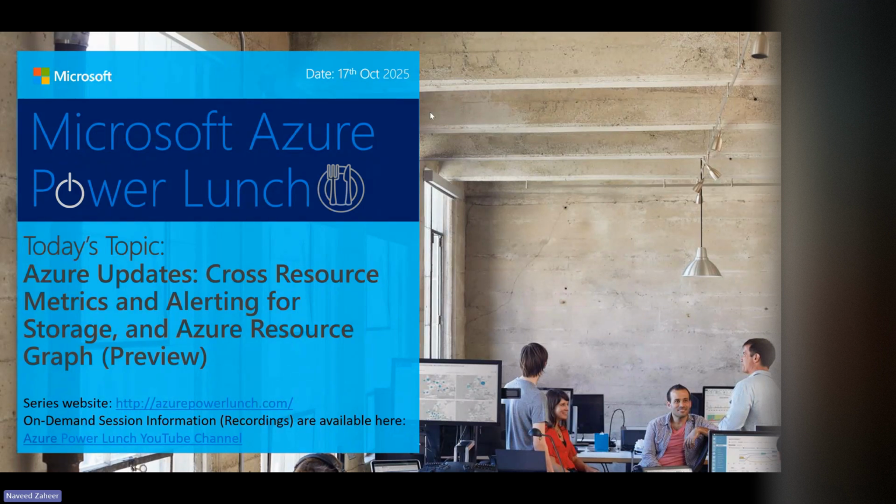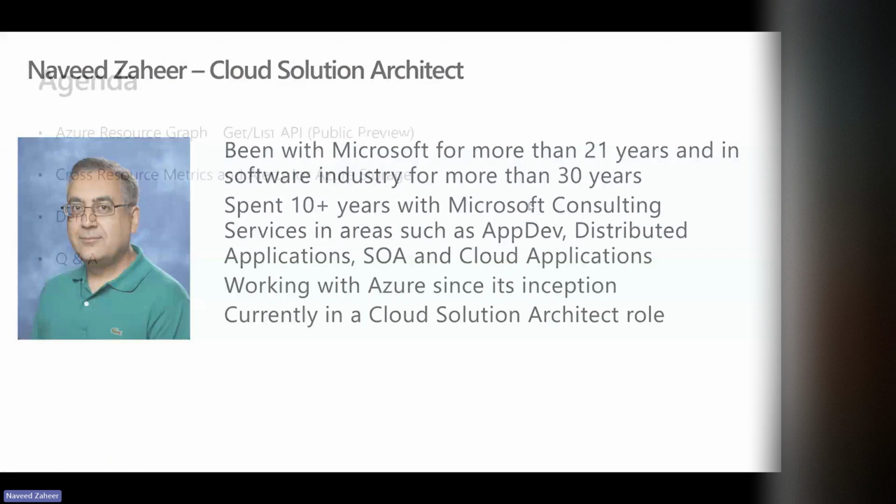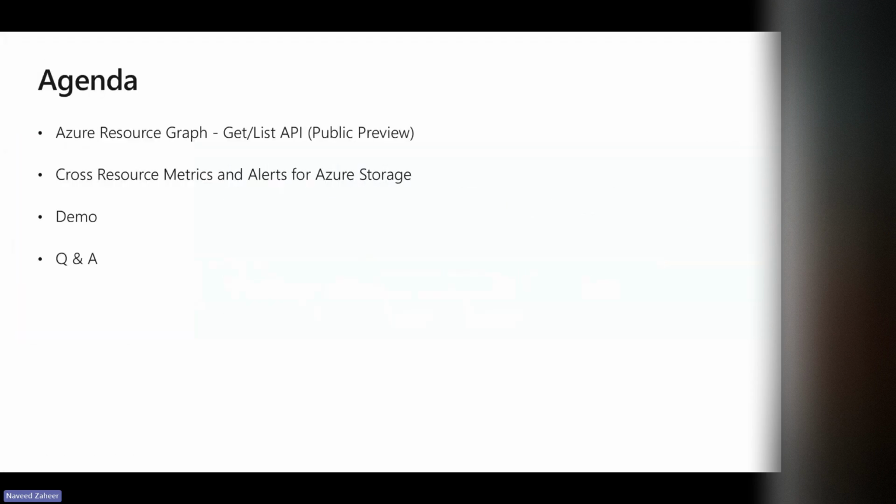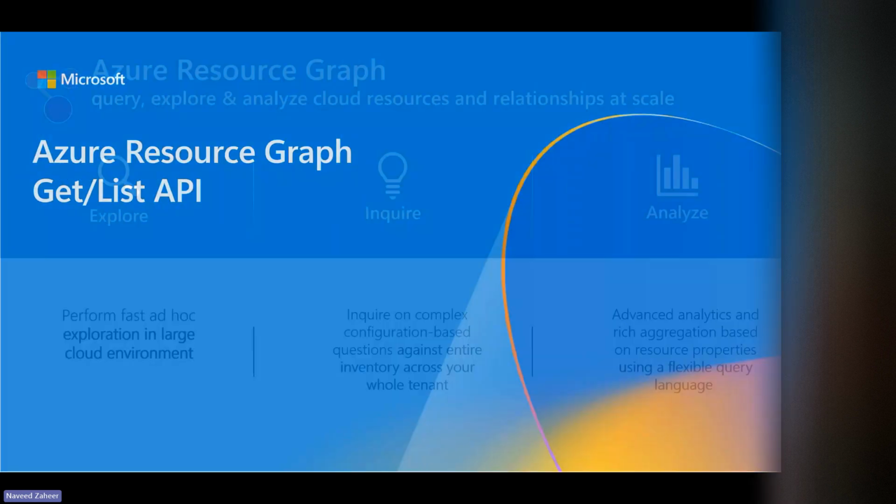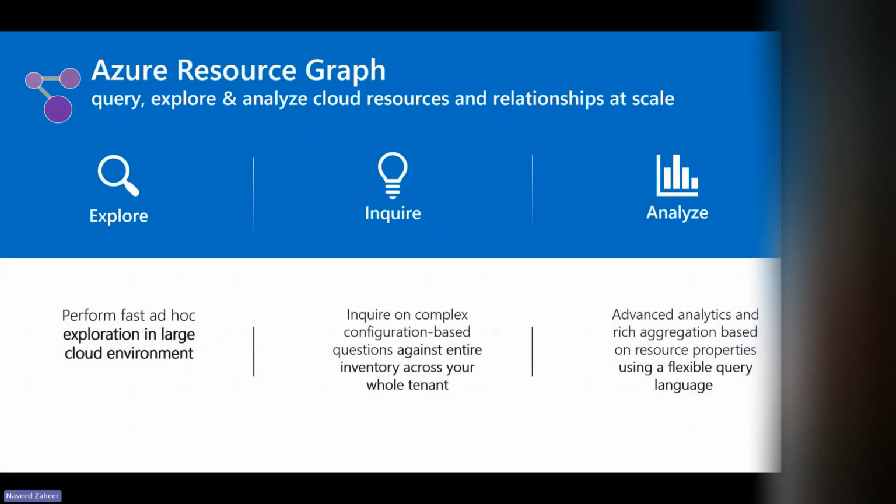So let's quickly start with our first topic, which is the Azure Resource Graph Get List API public preview. This feature is in public preview, just FYI. First of all, I think everybody knows about Azure Resource Graph. That's the KQL-based interface mostly that you use to access Azure ARM data.